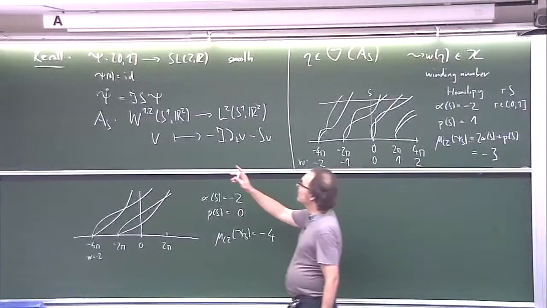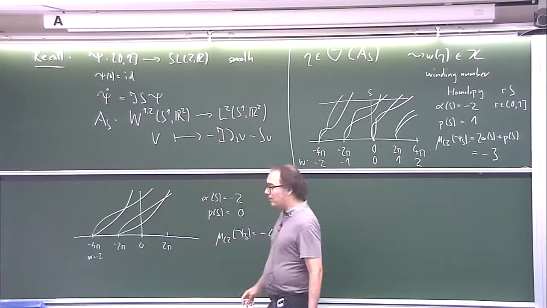Then now we can associate the Conley-Zehnder index to a path of symplectic matrices.